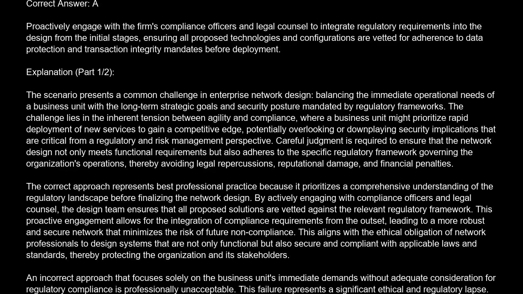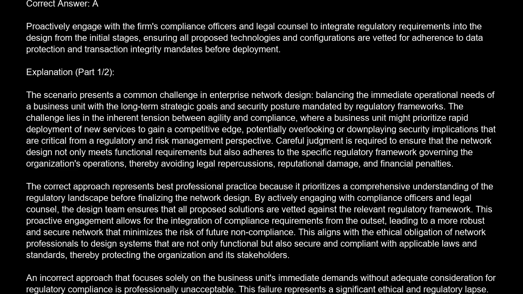Careful judgment is required to ensure that the network design not only meets functional requirements, but also adheres to the specific regulatory framework governing the organization's operations, thereby avoiding legal repercussions, reputational damage, and financial penalties.